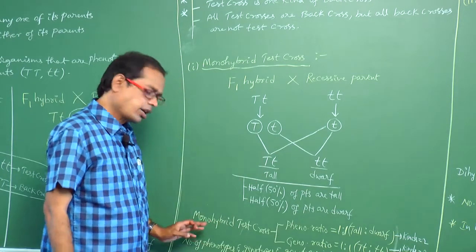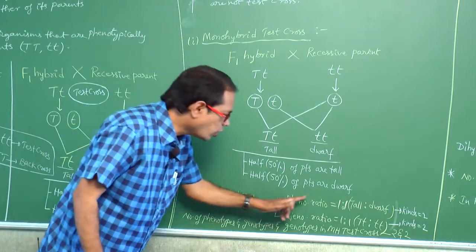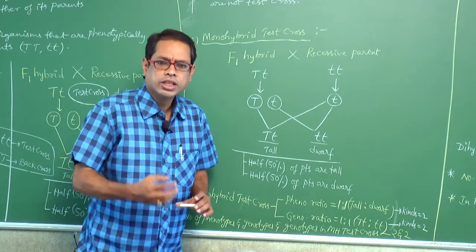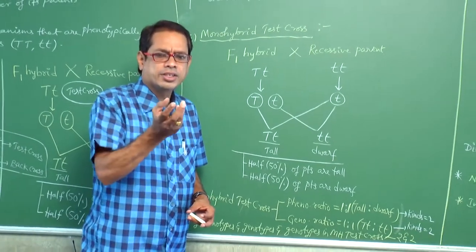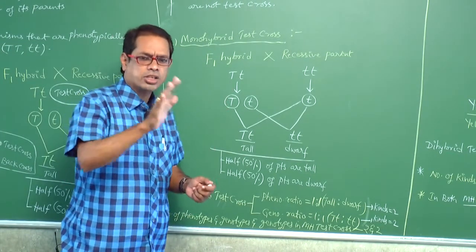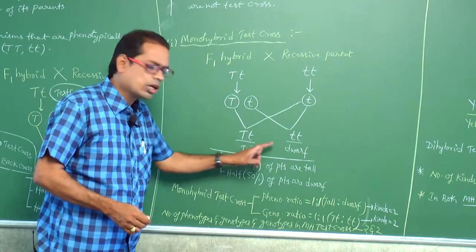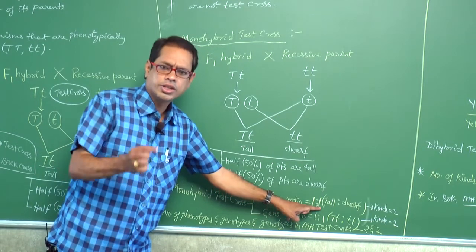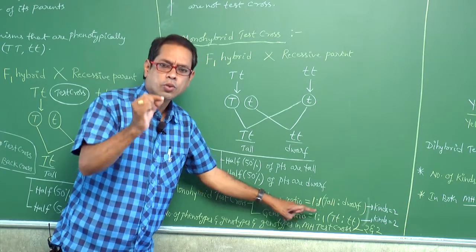Right. Next, what are the ratios? Monohybrid test cross, phenotypic ratio. What is phenotypic ratio? The physical appearance of a trait. Physical appearance, external appearance. That means external character, whether it is tall or dwarf. So phenotypic characters, tall and dwarf, are obtained in 1:1 ratio. That is, monohybrid test cross phenotypic ratio is 1:1.